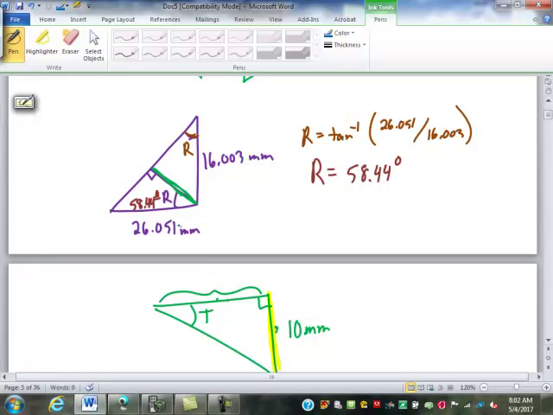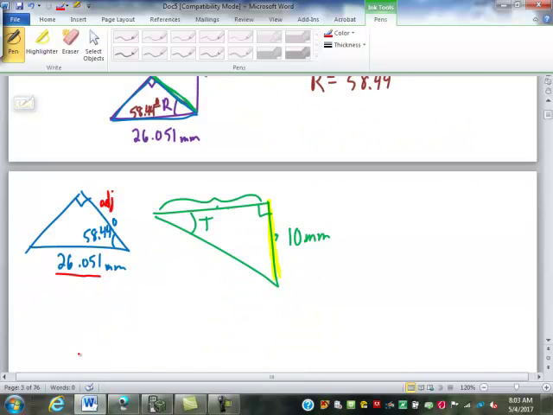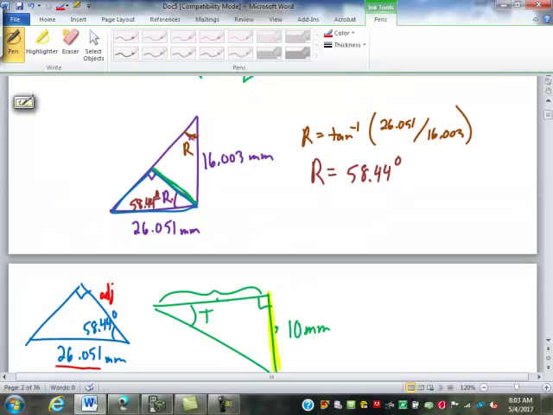So if I'm looking at finding that length, I'm looking at this triangle right here. This angle is 58.44, and this side down here is 26.051. This would be the adjacent side, and the 26.051 is the hypotenuse. So that's going to be a cosine. We just found that angle from the rotation.